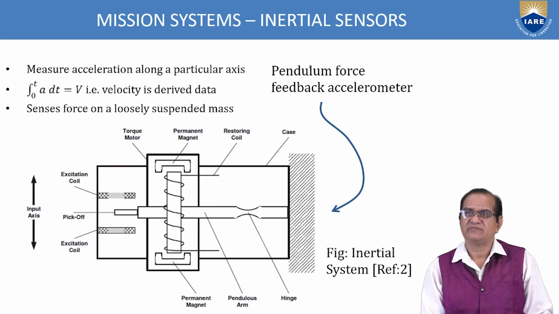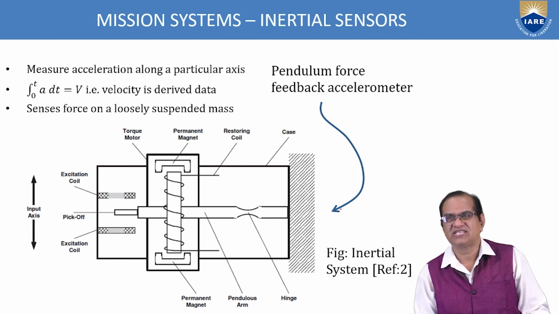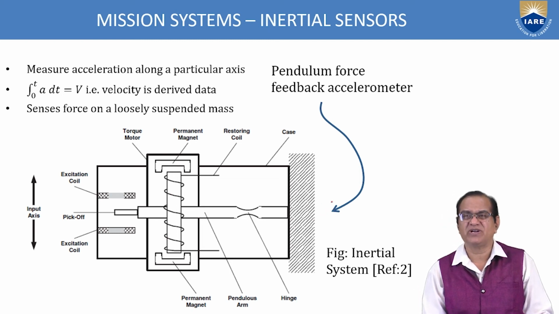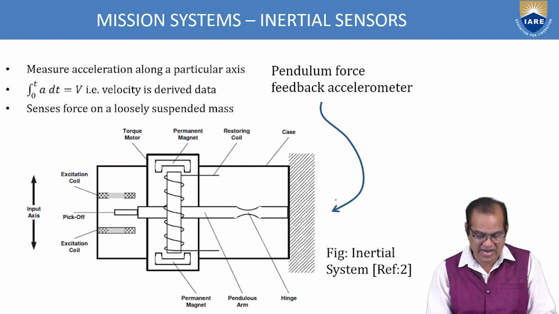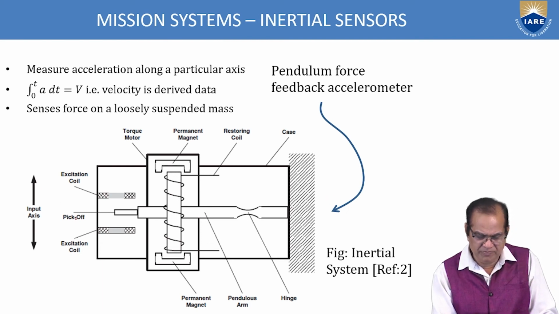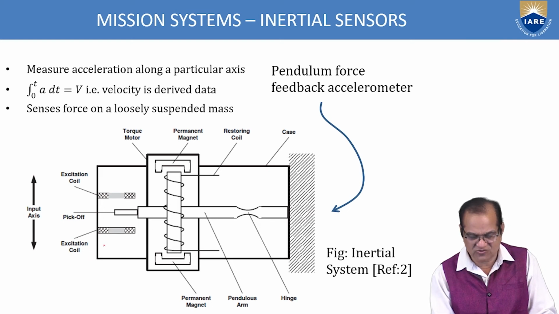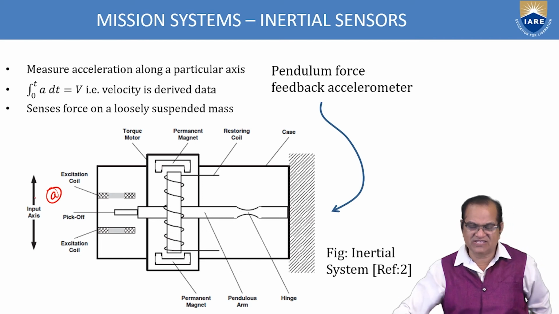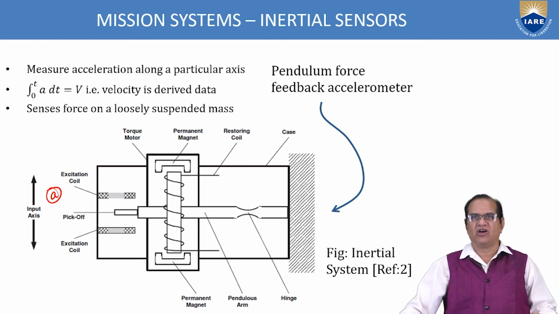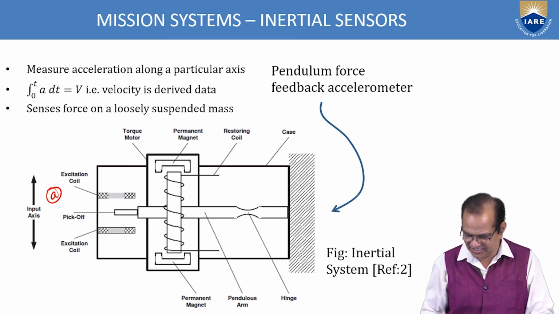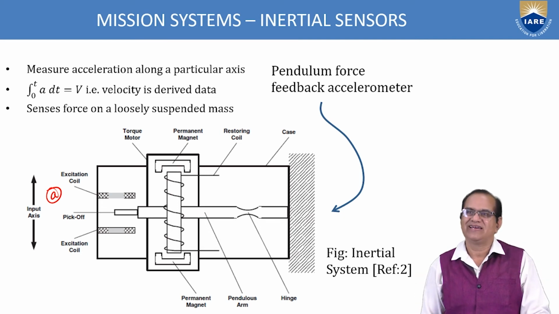Here we have the pendulum force feedback accelerometer, with input axis, excitation coil, pick-off, and excitation coil. Here we get direct acceleration, and this acceleration a converts into velocity if you multiply by the time, and if you multiply by the time further, you get the displacement.